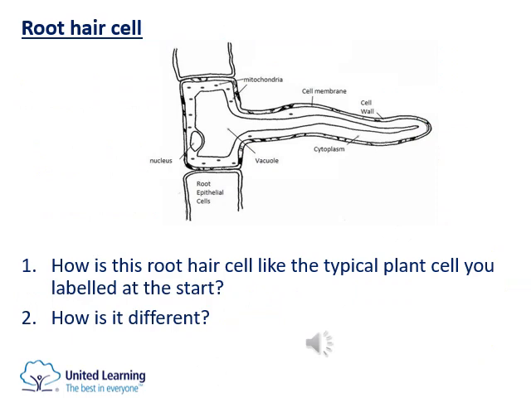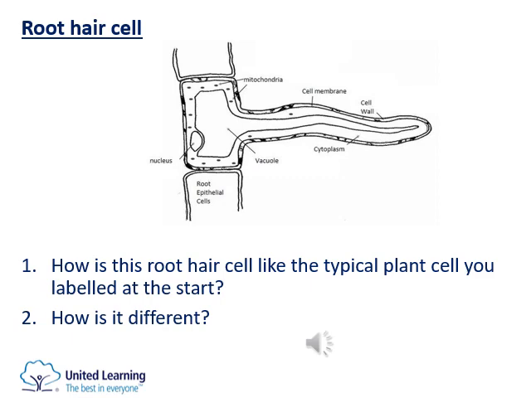So your next task in your booklet is a diagram of a root hair cell, which looks the same as the one on the slide here. Using the information that you've heard so far, and you might want to go back and re-listen if you get stuck, I'd like you to tell me how the root hair cell is like the typical plant cell that you labelled at the start.